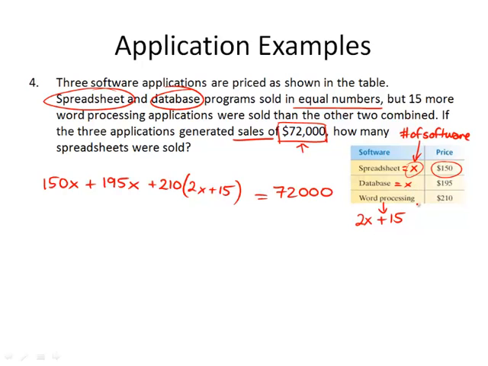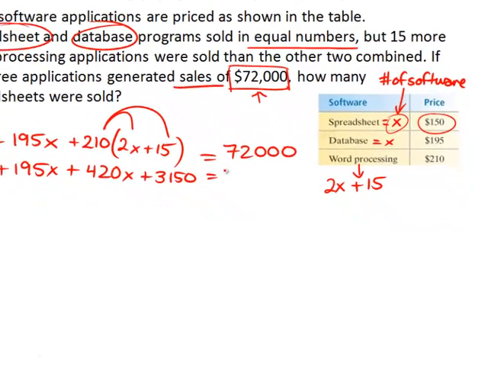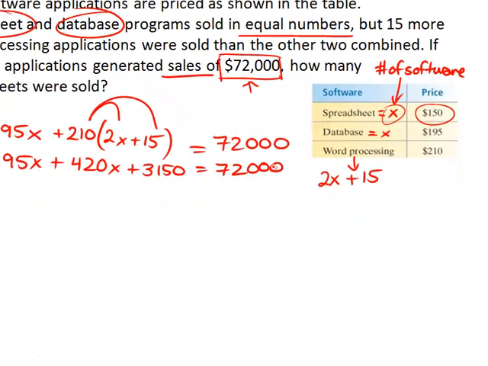So let's work this out. First, we always want to distribute our brackets. So we've got 150x plus 195x plus 210 times 2 is 420x plus 210 times 15 is 3,150 is 72,000.